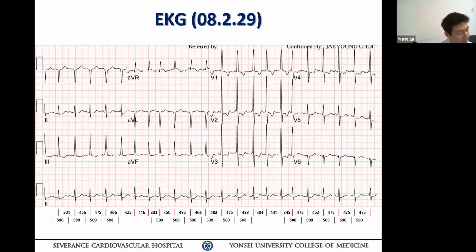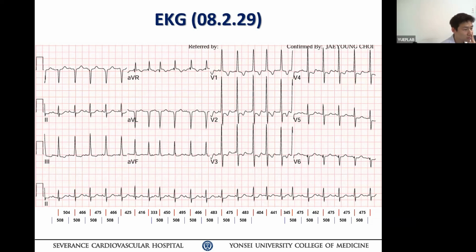Dr. Zhang? First of all, I can find AV dissociation, and the axis is right, and as already mentioned, based on the morphology, the R wave amplitude in V1 is much larger than in V6. So I can assume that this patient has right ventricular hypertrophy.